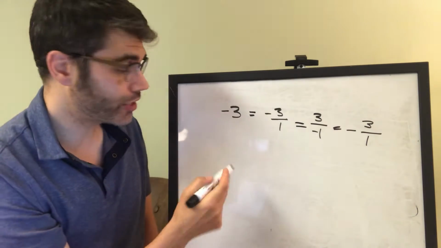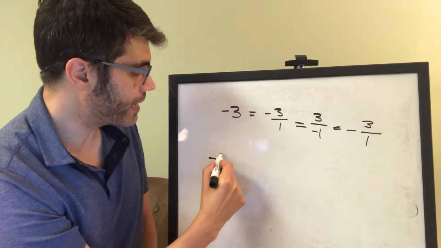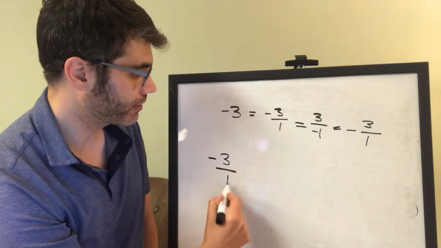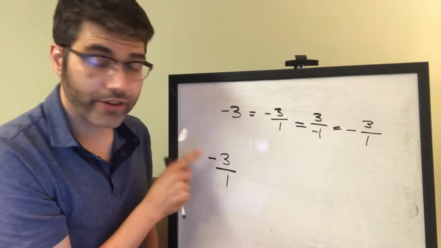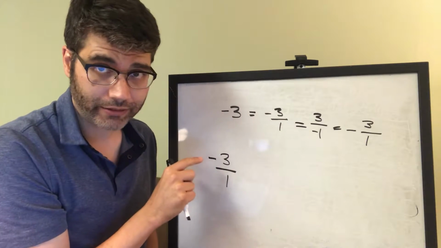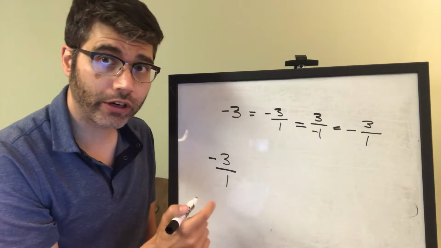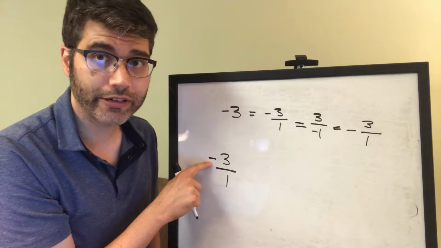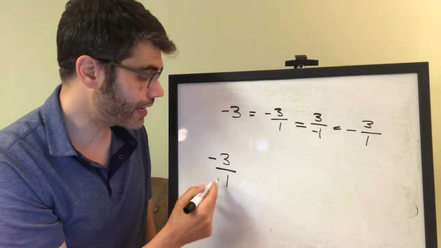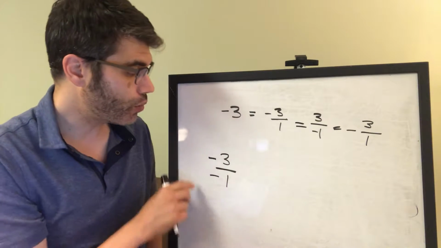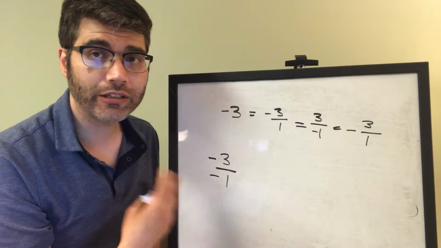Now, I do want to caution that if you have a negative fraction, there can only be one negative sign. You can't have negative signs appearing in different places. If there were a negative sign in the numerator as well as a negative sign in the denominator, well, these two negative signs would cancel each other out.